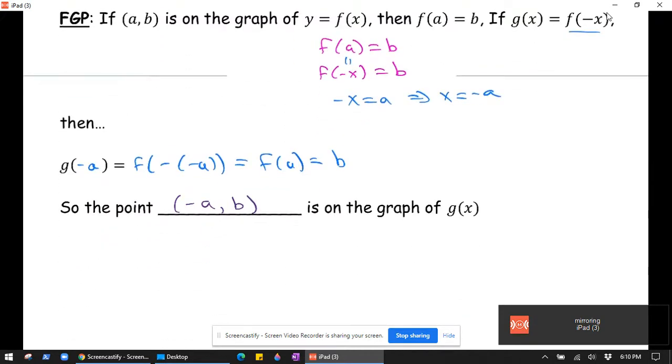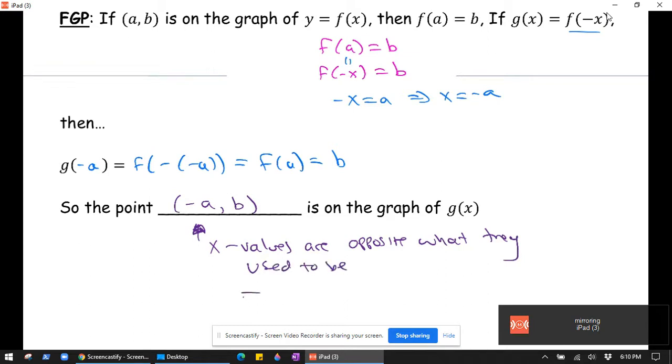This tells us that our x values are the opposite of what they used to be, and that causes a reflection over the y-axis.